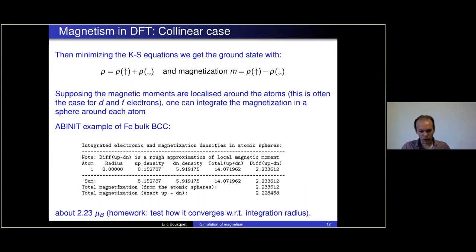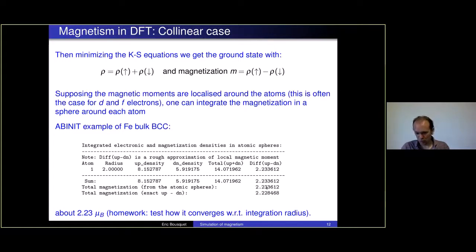And the way to check if this integration inside the sphere is correct is that you can make the total magnetization, that is the sum of all the magnetic moments of each atom if you have more than one atom, which gives you here 2.23. But you can also have the total magnetization that is calculated exactly over the whole unit cell, which you have by default from the DFT.